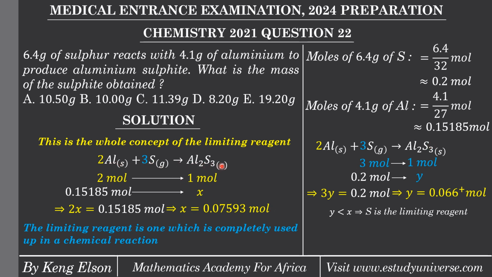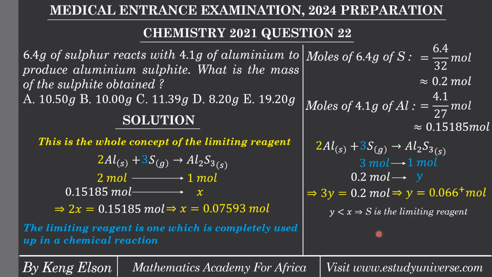So basically sulfur is the limiting reagent because it is completely used up firstly, because it produces 0.06, so definitely it will be the first to be completely used up before aluminium. So since y is less than x, like we said, sulfur is the limiting reagent.